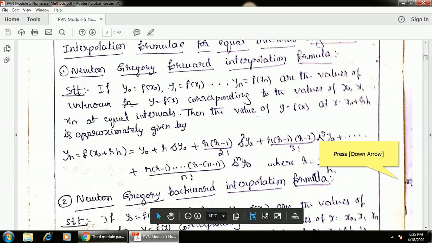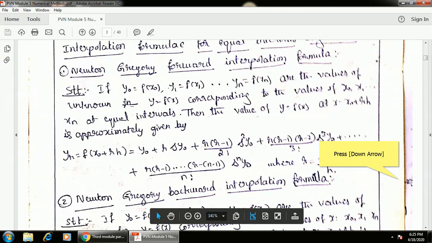The statement is like this: if y0 equal to f of x0, y1 equal to f of x1, y2 equal to f of x2, yn equal to f of xn are the values of the unknown function y equal to f of x corresponding to the values of x at x0, x1, up to xn at equal intervals, these values of x being at equal lengths, then the value of y equal to f of x at x equal to x0 plus rh is approximately given by yr, that is equal to f of x0 plus rh.